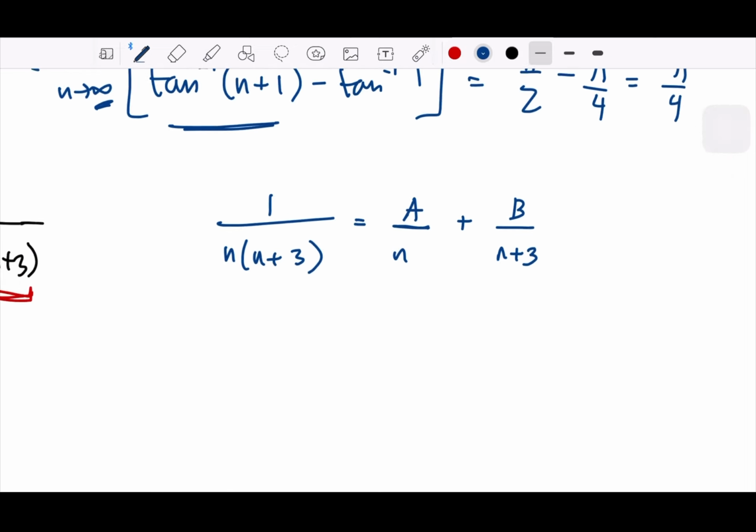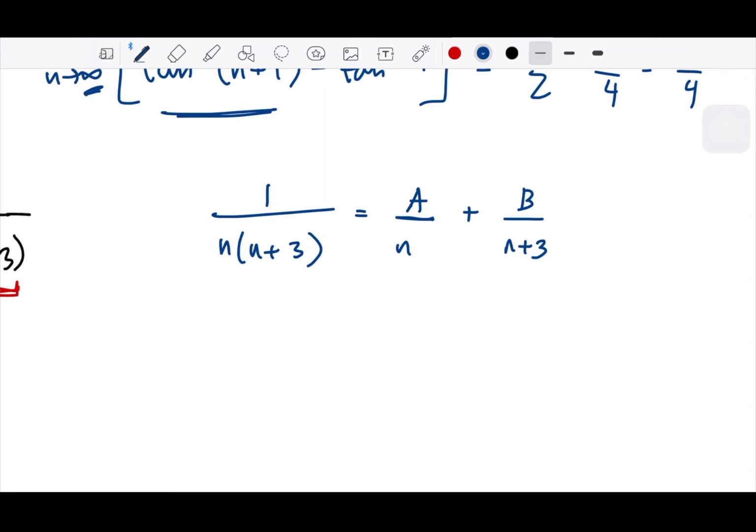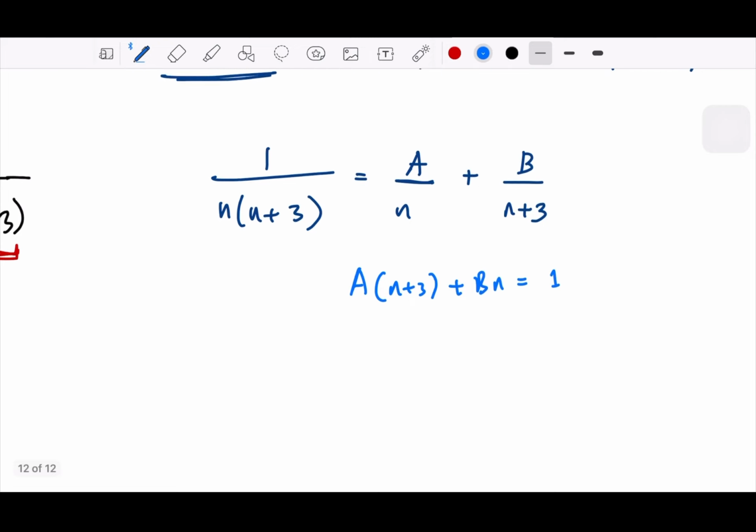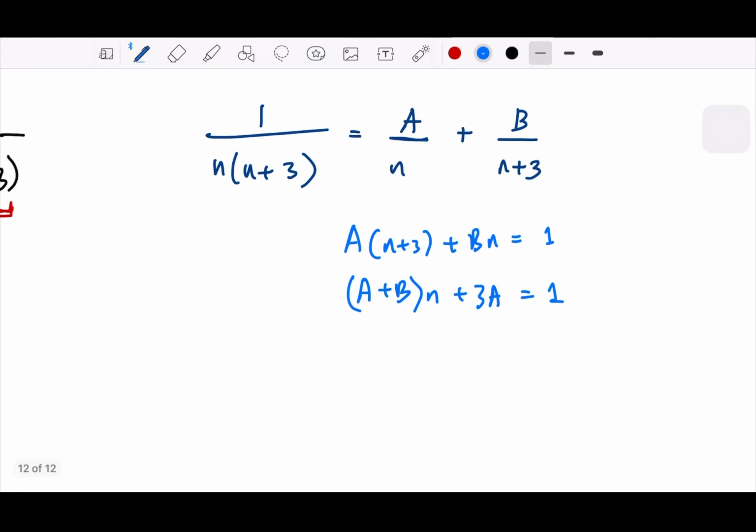Now we have, let me change the color, a(n plus 3) plus bn is equal to 1. So a plus b multiplied by n plus 3a is equal to 1. So a is 1 over 3 and a plus b is equal to 0.